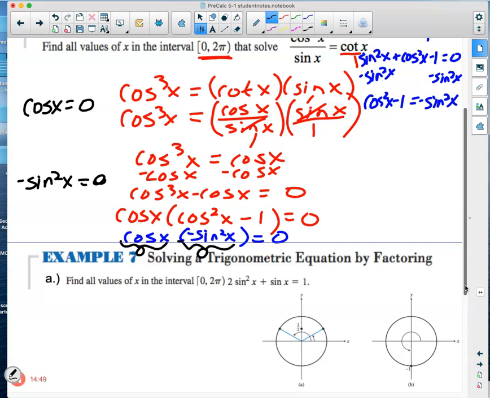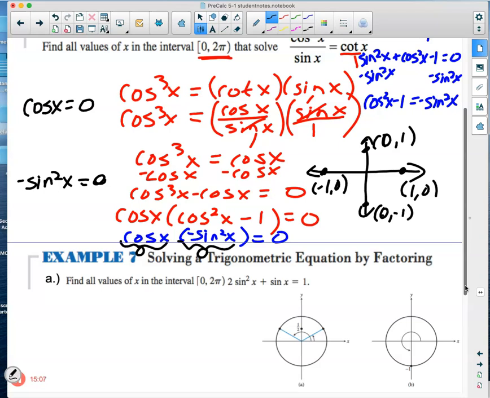And I remember this was all talking about from 0 to 2 pi. Well, finding 0 is going to be a quadrantal. And I remember that those ordered pairs come cosine theta, comma, sine theta.